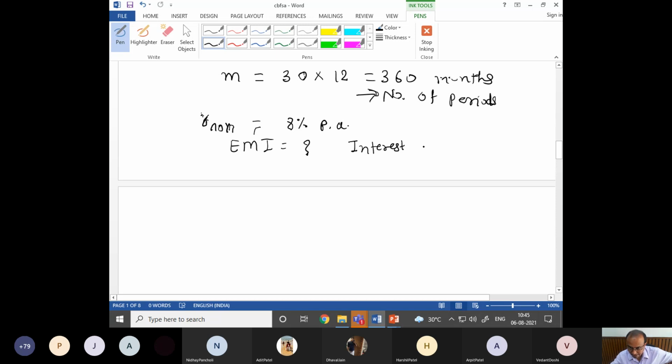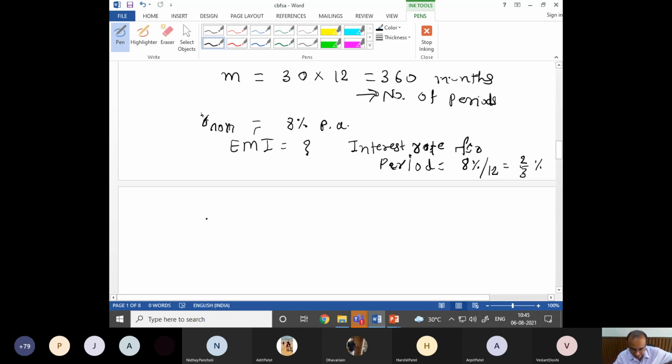So the interest rate for the period is 8% divided by 12. So that is my monthly interest rate, which is 2 by 3%.